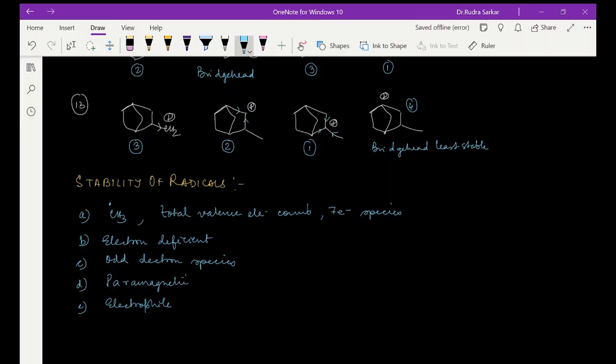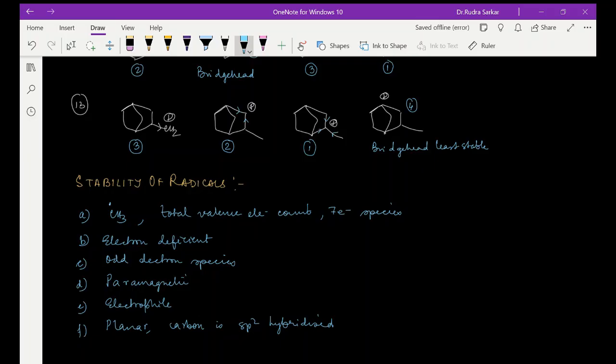Geometry wise, this is planar and the carbon is sp2 hybridized.